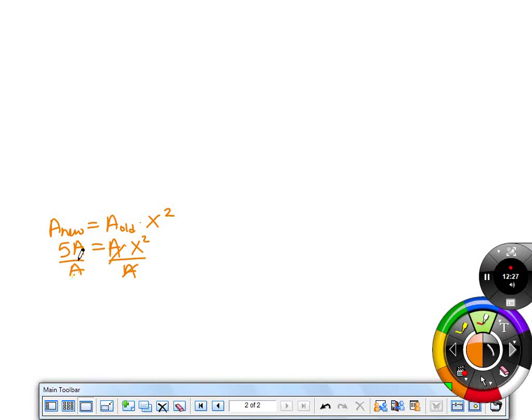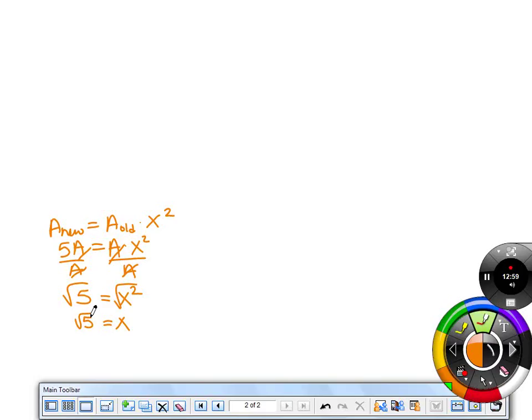That's going to happen every time, because whether I say make the new area 12 times bigger or 18 times bigger, you're always going to have an A and a something times A. So the A's are always going to cancel. You're left with what I'm multiplying the side lengths by, squared, is equal to 5. Use your square root to get rid of the square. So the side length would be multiplied by rad 5 when I want the area to be 5 times bigger.